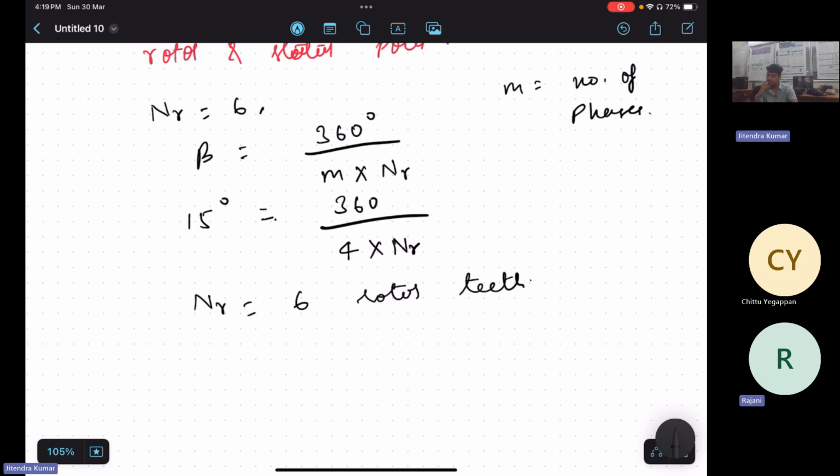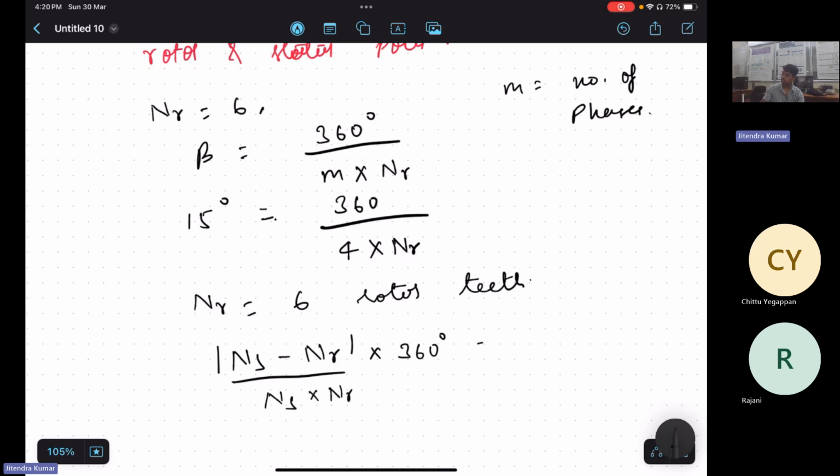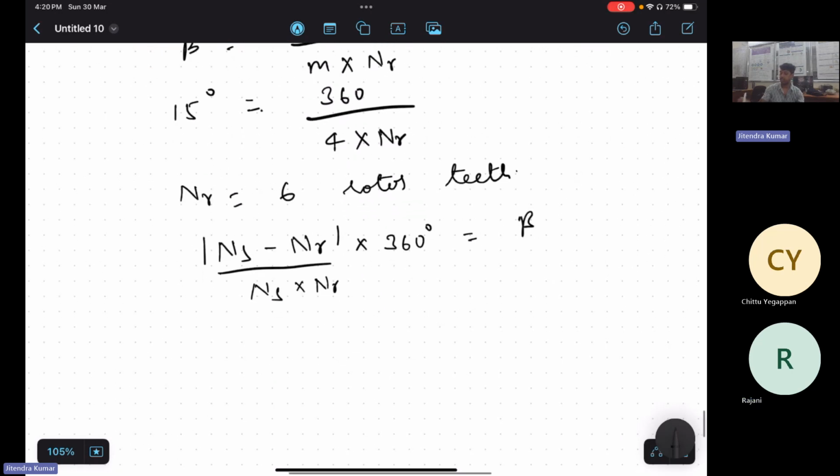Stator poles 8, yeah. So the relation of the stator pole is NS minus NR by NS into NR into 360 degrees. We will take the mod to simplify, equal to beta, the step angle.